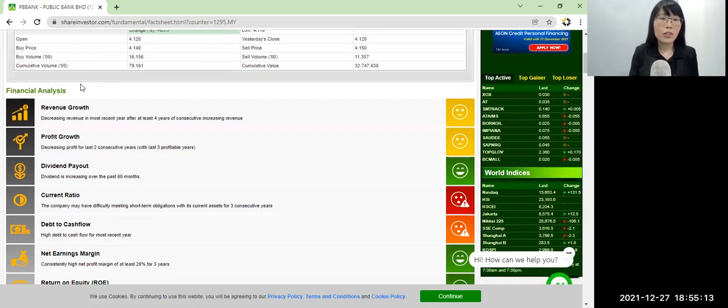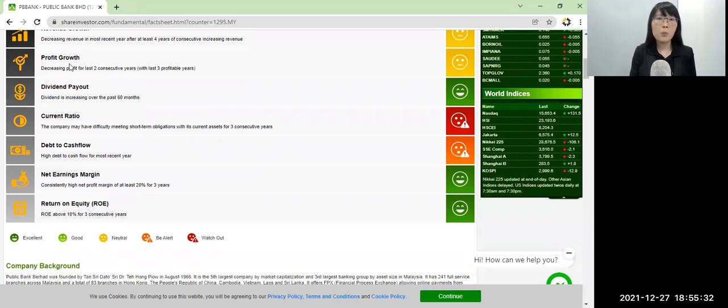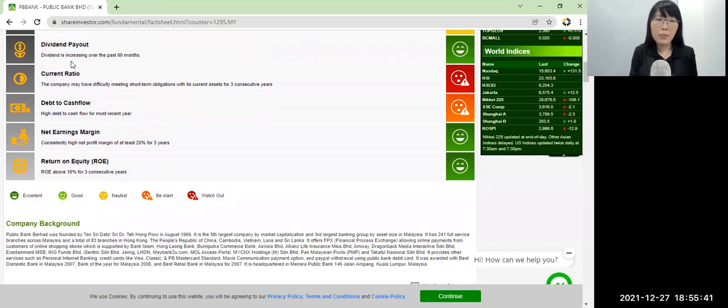So you can see the software already shows you some of the financial analysis. The revenue is decreasing in the most recent year, after at least 4 years of consecutive increasing revenue. Profit growth, decreasing profit for the last 2 consecutive years, with the last 3 years profitable. Okay, dividend payout, dividend is increasing over the past 60 months.